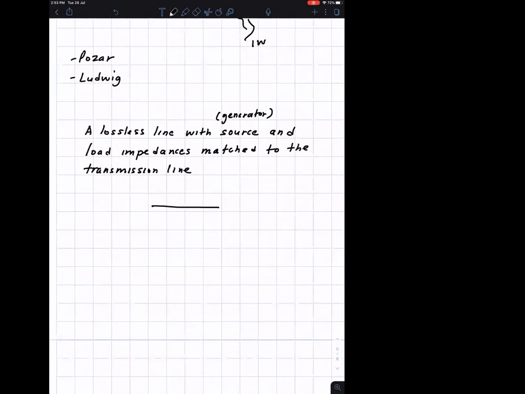You have a transmission line, with the source ZG or ZS, and then you have this load impedance. And if there's no reflection, the reflection is 0, and this reflection is also 0. In this case, ZL is 0, ZG is also 0. It is lossless.